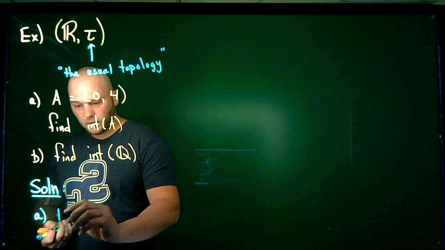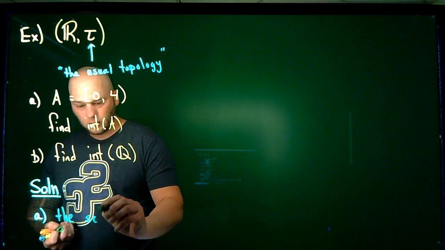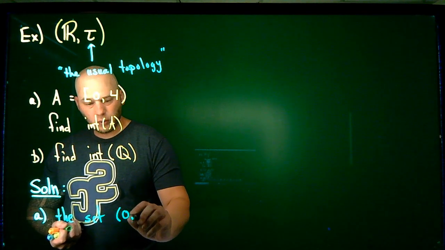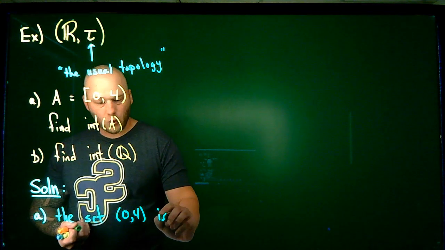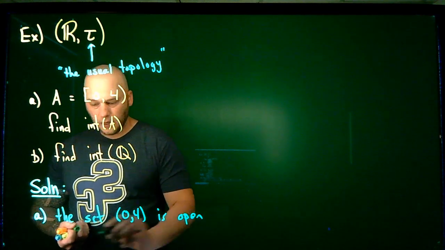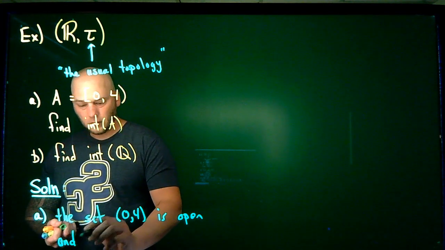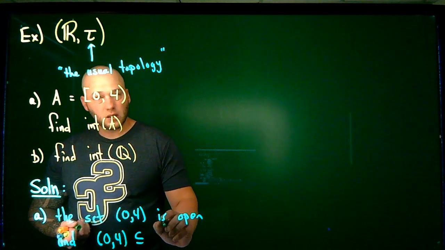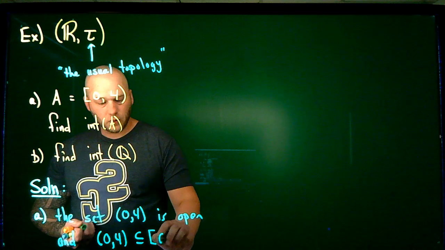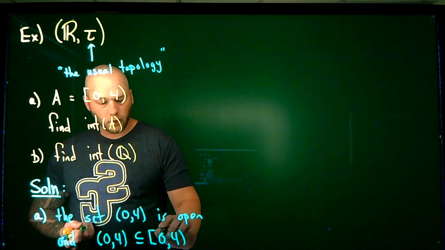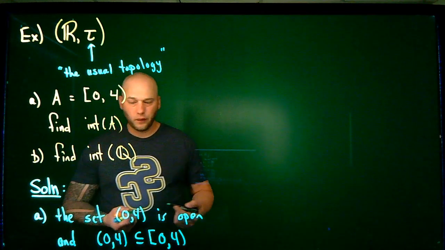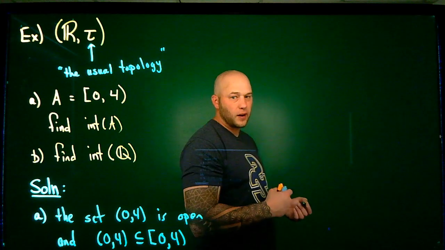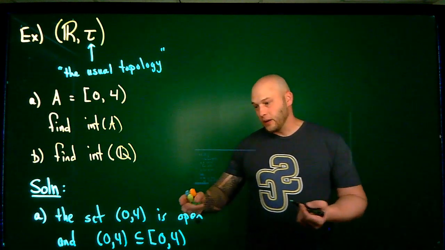But I do know that the set (0, 4) is open, and (0, 4), of course, is a subset of the interval [0, 4), where 0 is not included in the former set, but 0 is included in the latter set. Now, is this the largest one?